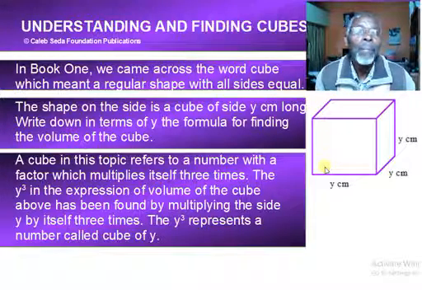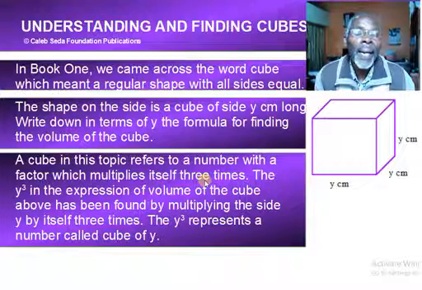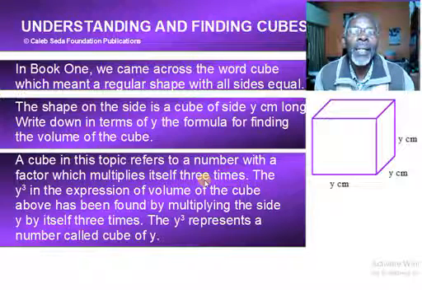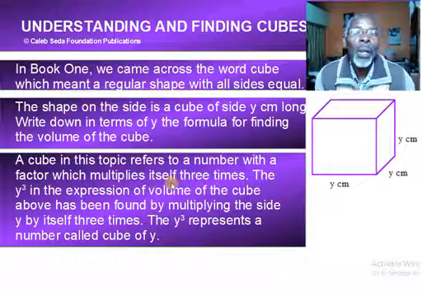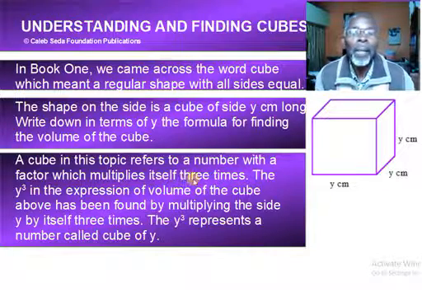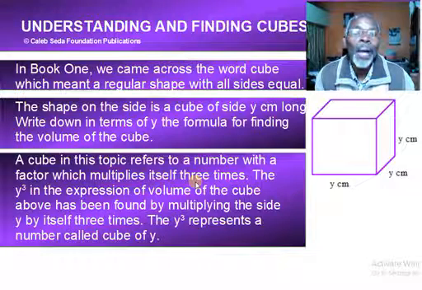However, we are looking at numbers which are characteristic in nature, in the sense that they have one of their factors multiplying 3 times to get the number.